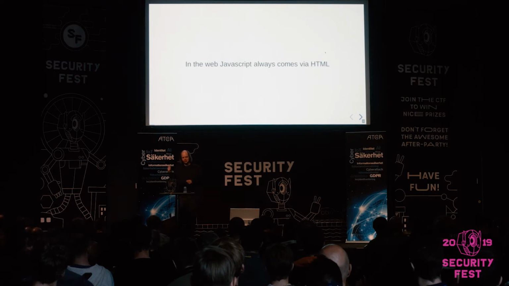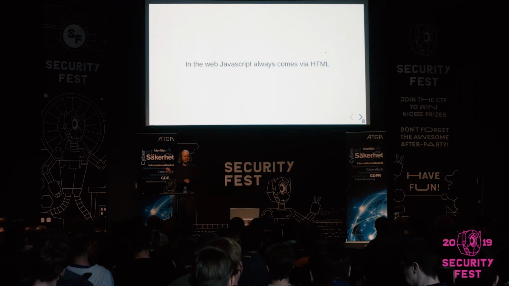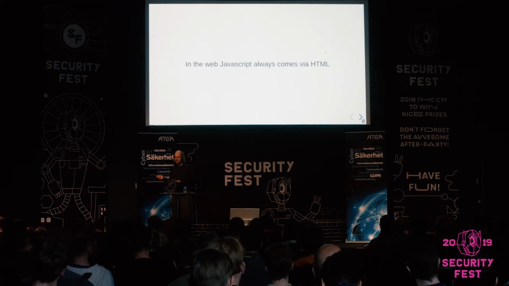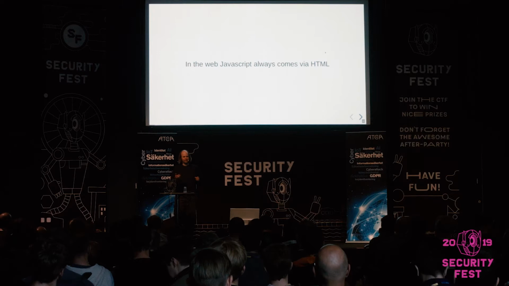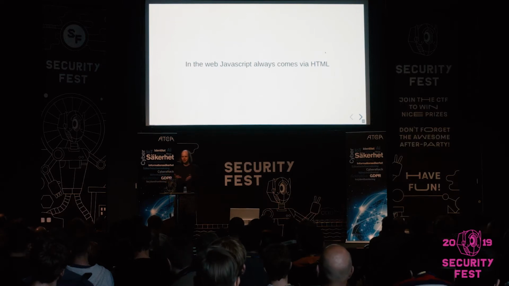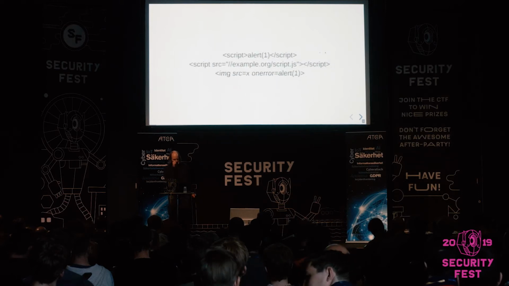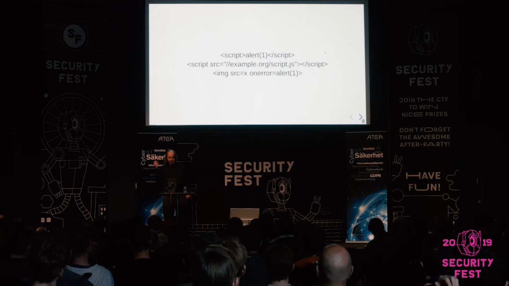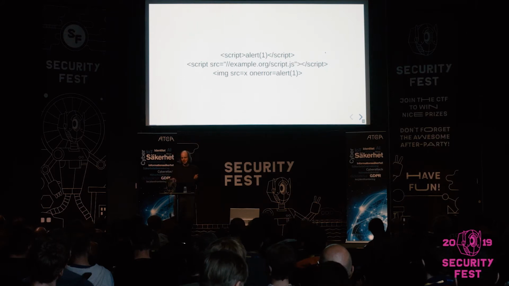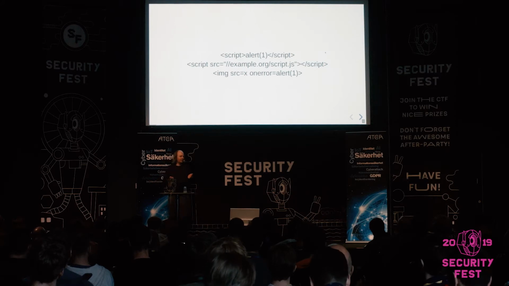One way to think about this is that JavaScript in a browser always comes via HTML. We cannot execute pure JavaScript; the browser will not do anything with it. There are different ways to do this. We can have a script tag and execute something. We can load a script from somewhere else. Or we can have event handlers.